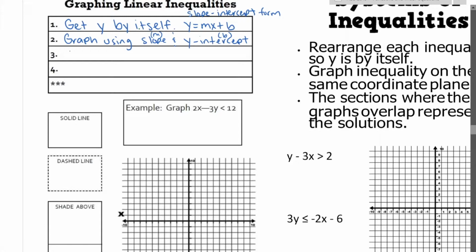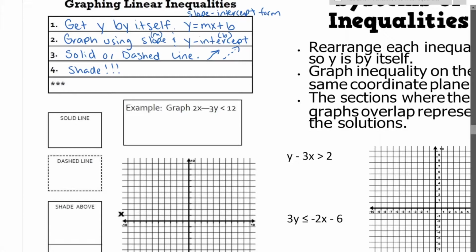The third step is to determine if it's a solid or dashed line. Is my line going to be solid or is it going to be dashed? I'll show you how we figure that out. The next part is to shade. This was always my favorite part, to shade it up.